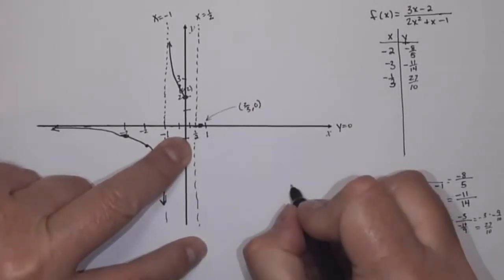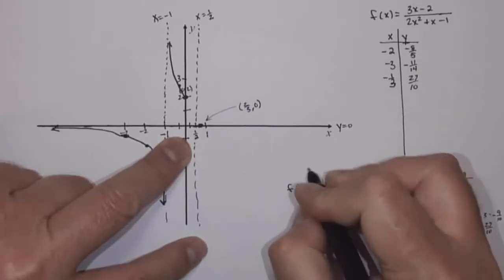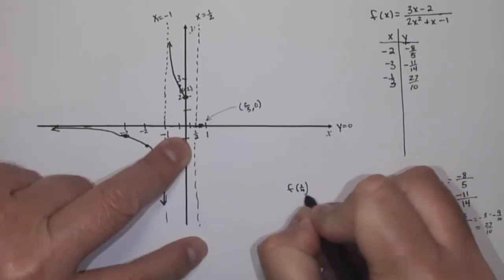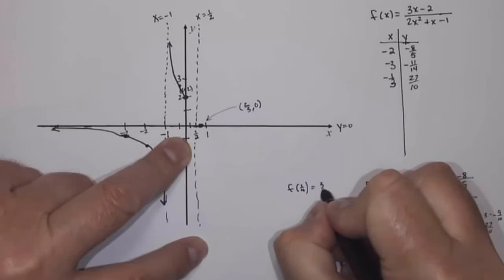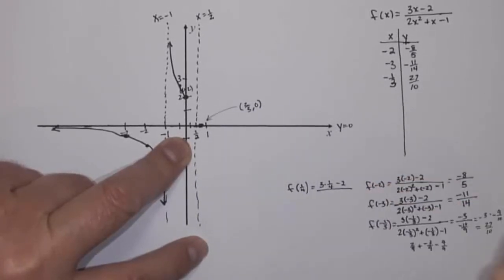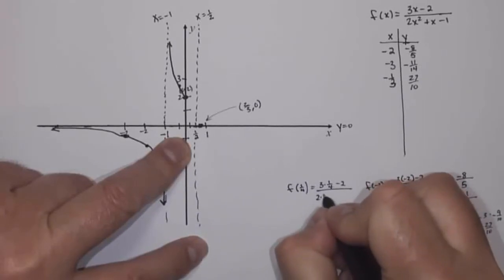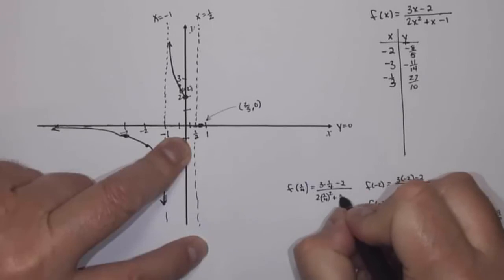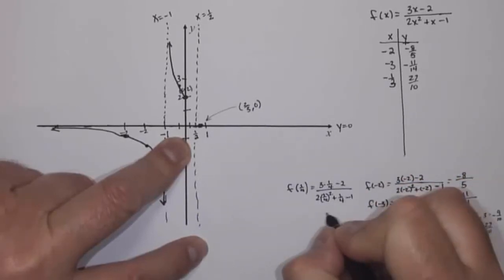So I'm going to have to move over here to the side a little bit. F of 1/4. So that's going to be 3 times 1/4 minus 2 over 2 times 1/4 squared plus 1/4 minus 1.